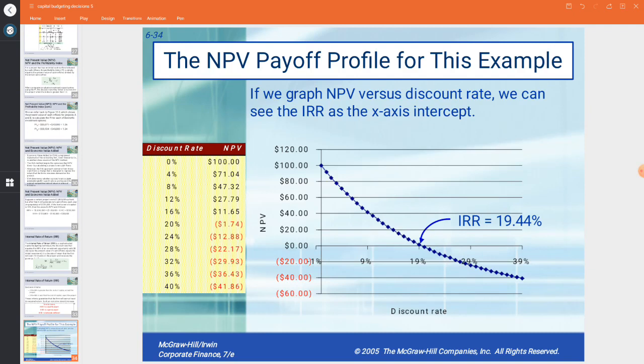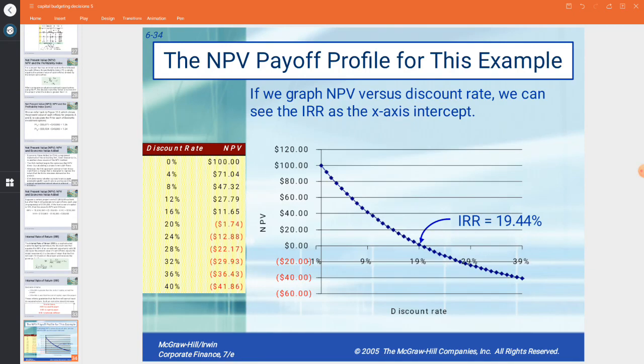As you see, this figure tries to determine the internal rate of return graphically. The internal rate of return will be determined through the relation between the discount rate and the NPV. We started with a discount rate of 0 and substituted in our equation.